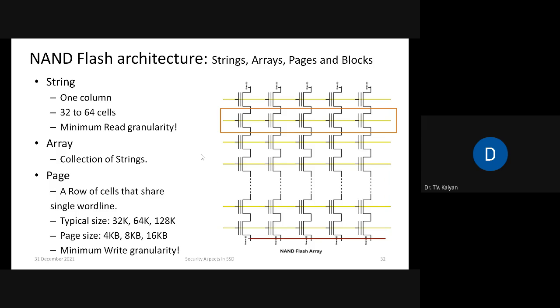This page is the minimum size that we can write to. So here there is a disparity between the read granularity and the write granularity. This was never the case with SRAM and DRAM. We can read a single bit and write a single bit in SRAM and DRAM, but not so in an SSD.